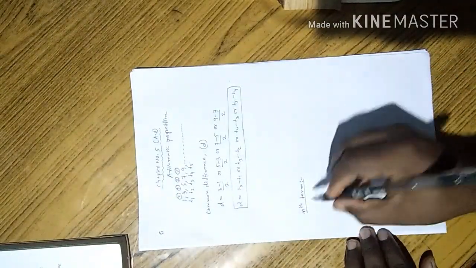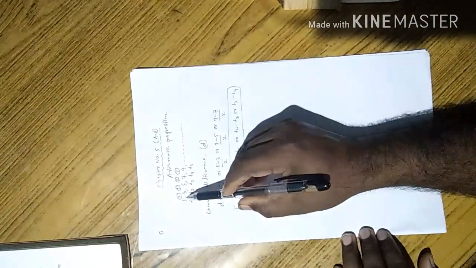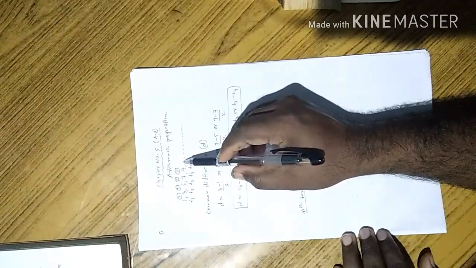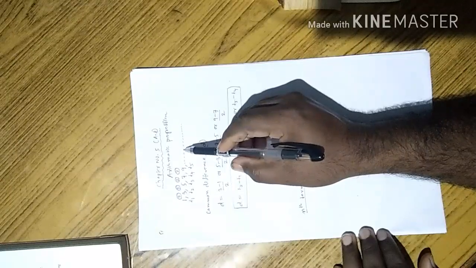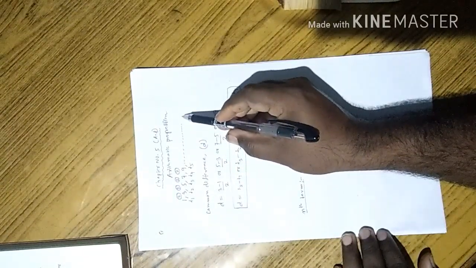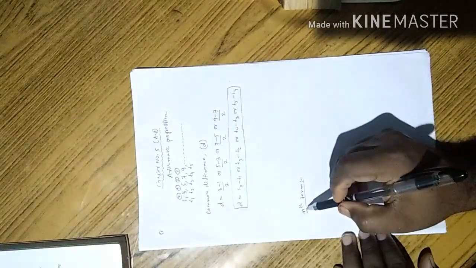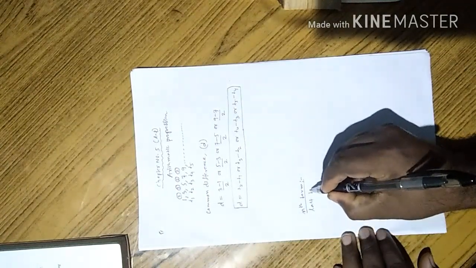So, next the nth term. Nth term means last term. 1, 3, 5, 7, 9. After 9 you will get 11. After 11 you will get 13. After 13 you will get 15. The last number, the nth number, we call the nth term or last term.